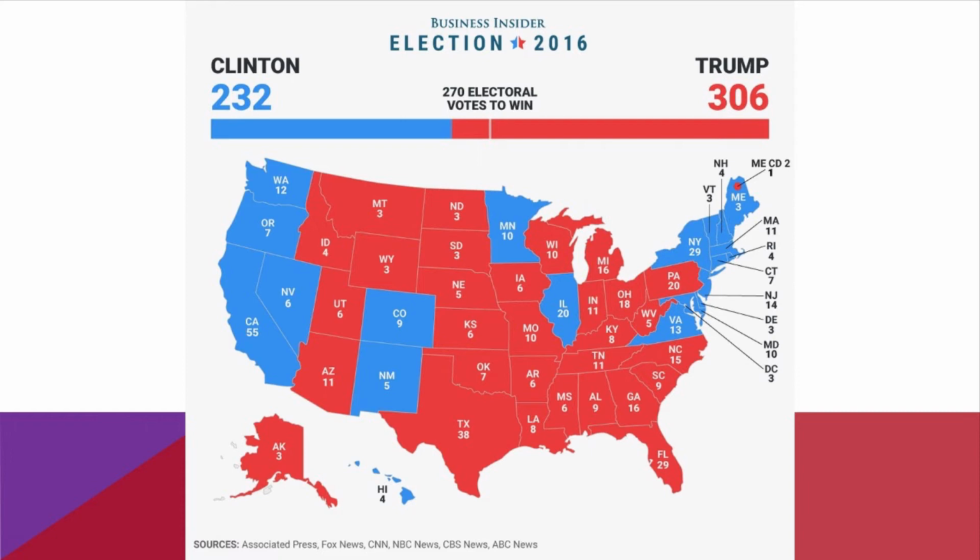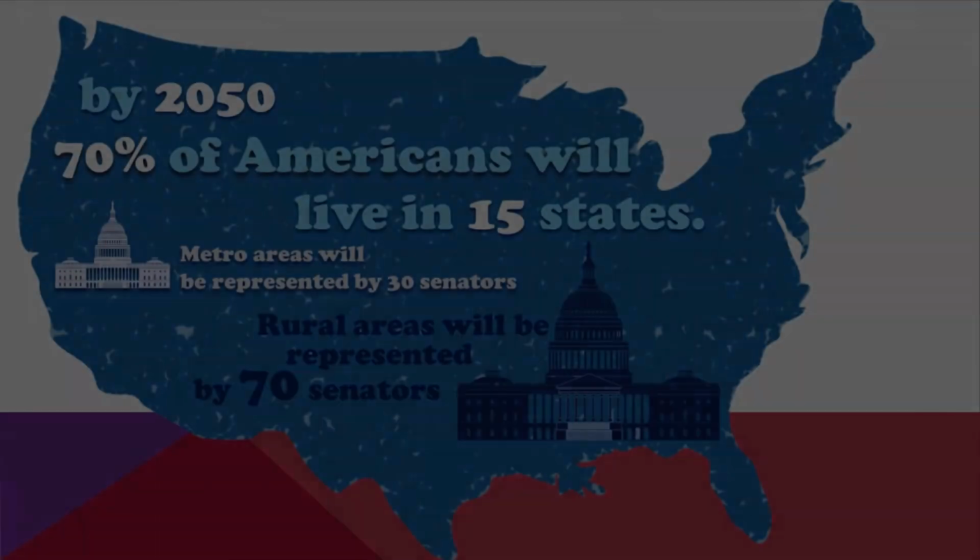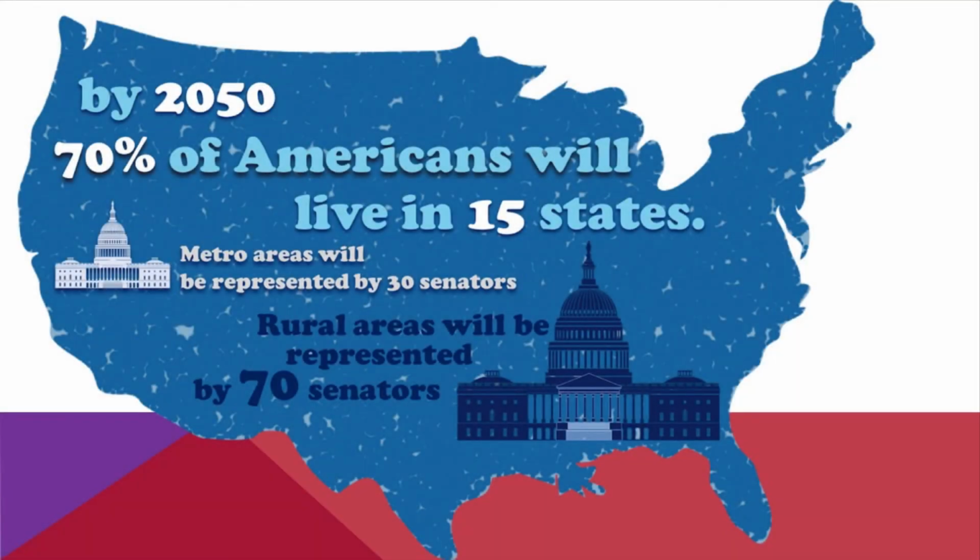And this is really just a function, as the video points out, of really old justifications for having that type of system in the first place. What we end up with is an electoral design that significantly overrepresents rural America. If we look at this graph here, some social scientists estimate that by 2050, 70% of Americans will live in 15 states.